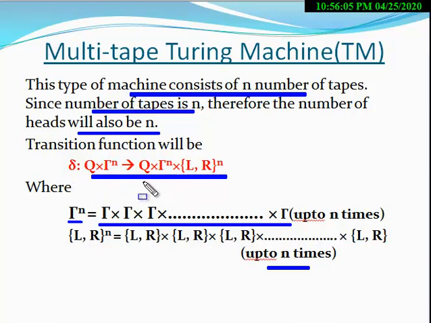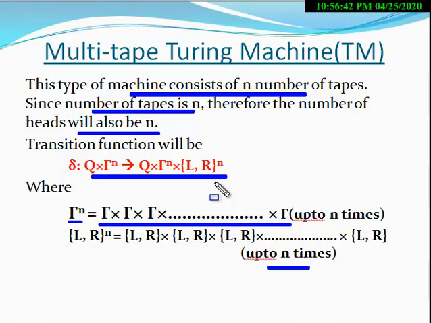The number of outputs will be 2n plus 1, that is 1 plus n plus n. So the transition function will be this, and the multi-tape Turing machine works according to this transition function. I think it is clear.